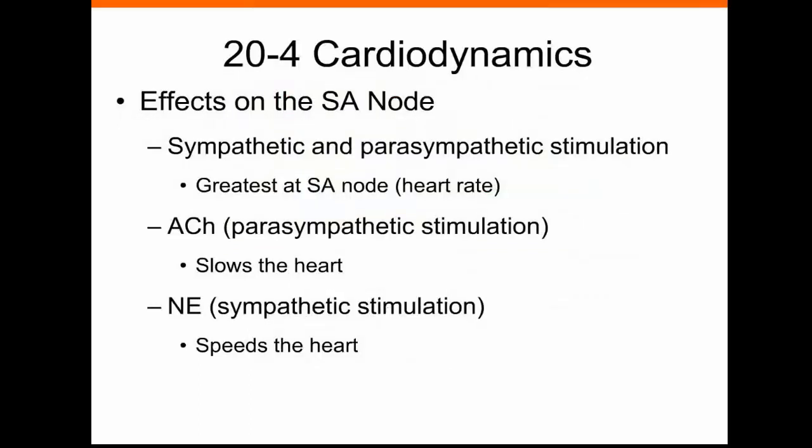So the sympathetic and the parasympathetic are involved in stimulating the sinoatrial node. So acetylcholine, parasympathetic stimulation, slows the heart rate, whereas noradrenaline or norepinephrine, sympathetic stimulation, speeds up the heart.